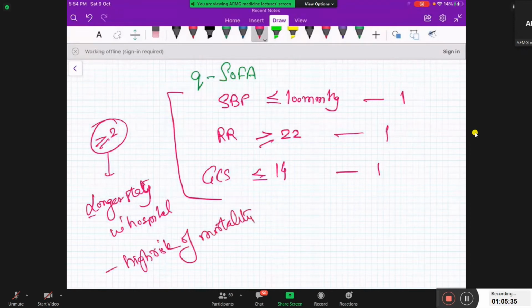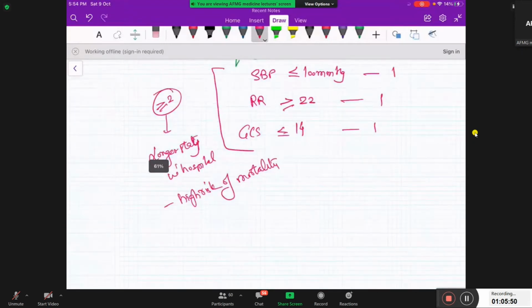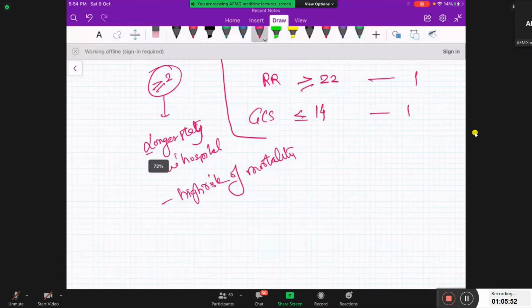So this is called Q SOFA. These are the scores which we need to know in our discussion on general surgery.